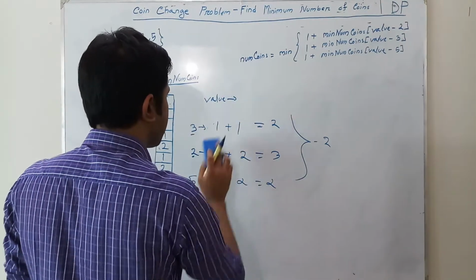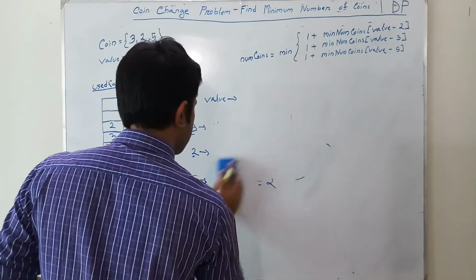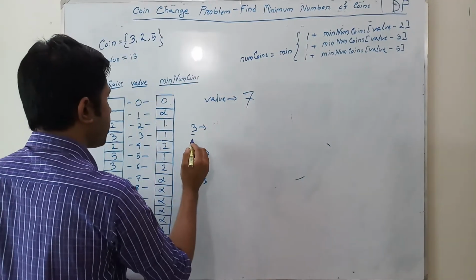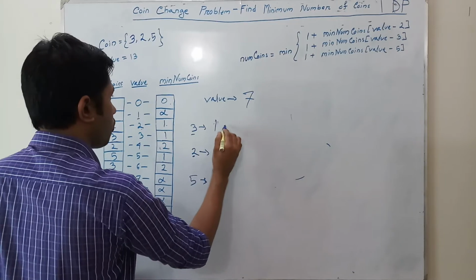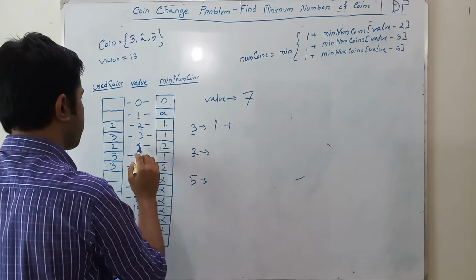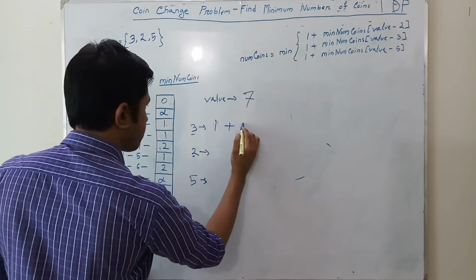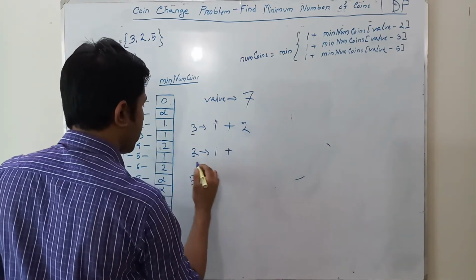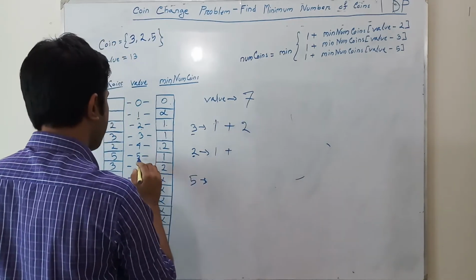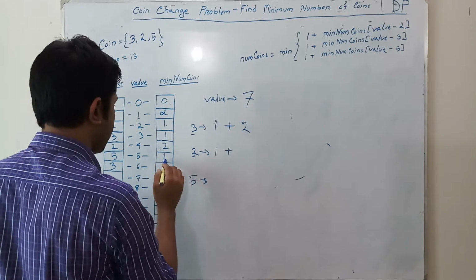When the value will be 7, after using the denomination 3, we have remaining value 7 minus 3 is 4, need 2 coins. When we use the denomination 2, we have remaining value 5, and for 5 the number of coins we need is 1.